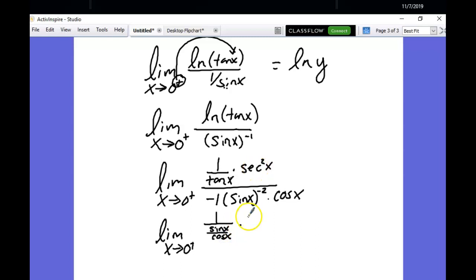I'm going to change the secant squared to be 1 over cosine squared x. I like everything to be in terms of sine and cosine. It just makes it easier to simplify, in my opinion.